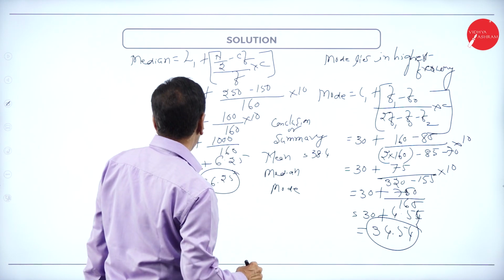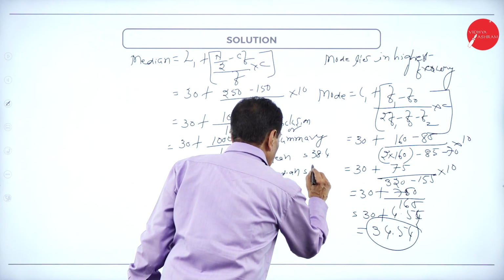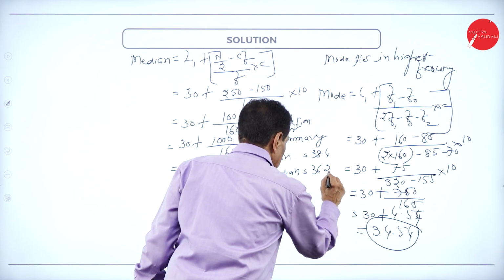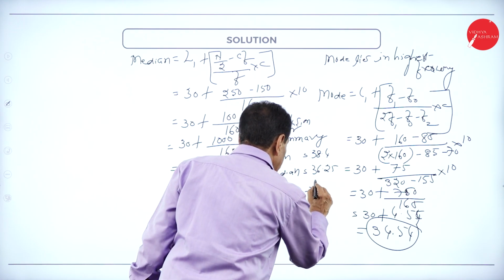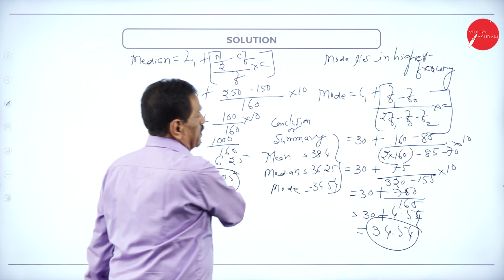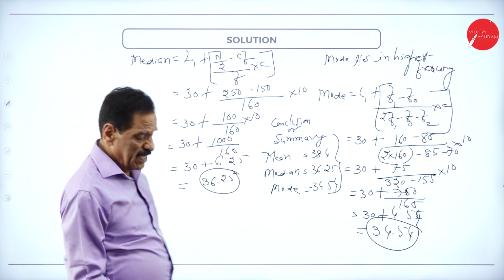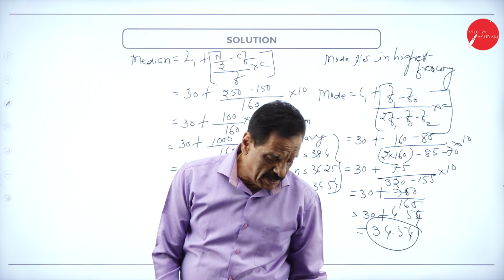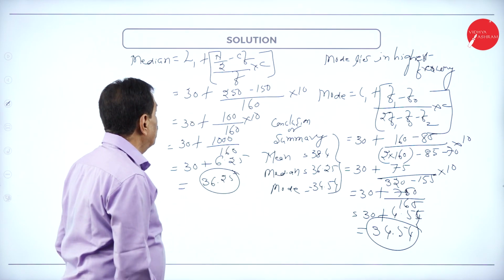What's your median? 36.25. What's your mode? 34.54. So this is the way you have to write in the examination point of view. We'll go to the next problem.